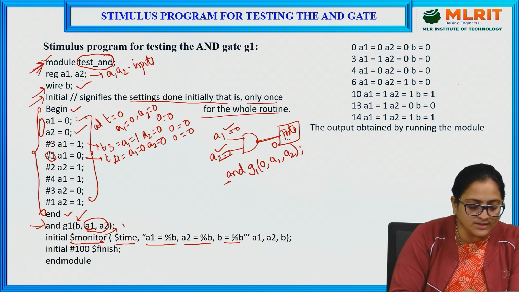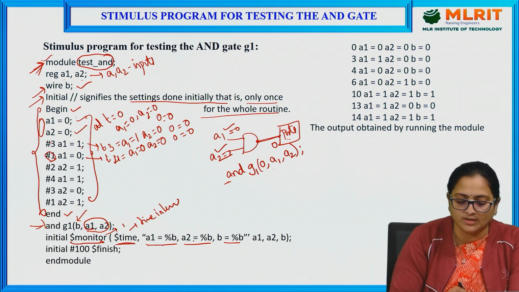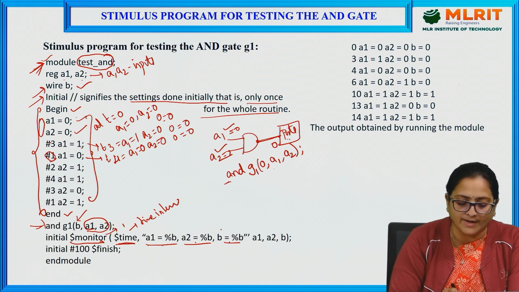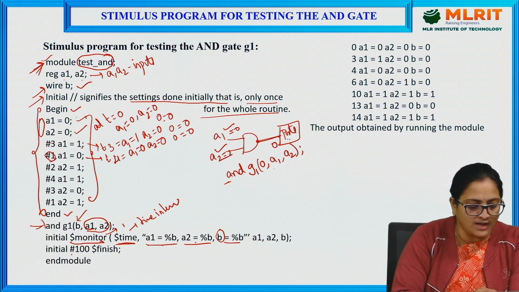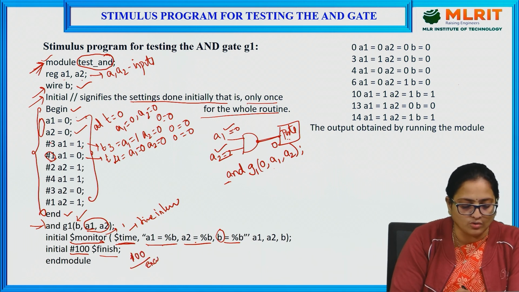And this $time specifies the time interval. So at what time A1, A2, B are changing and how the impact on B will be there based on A1 and A2 values.